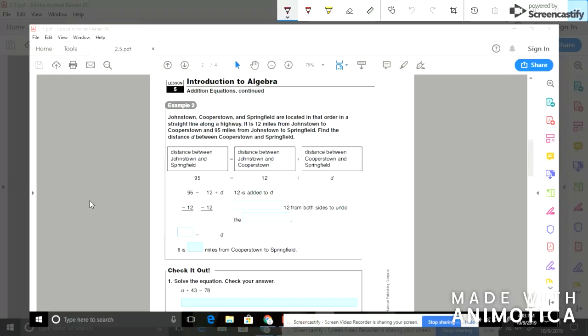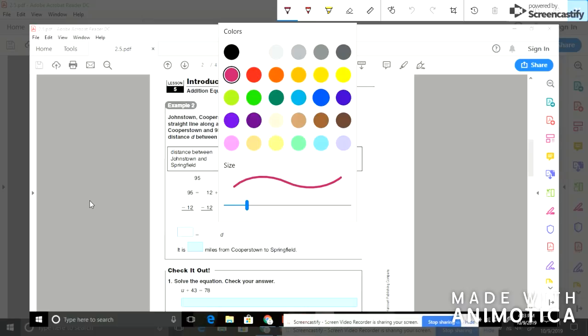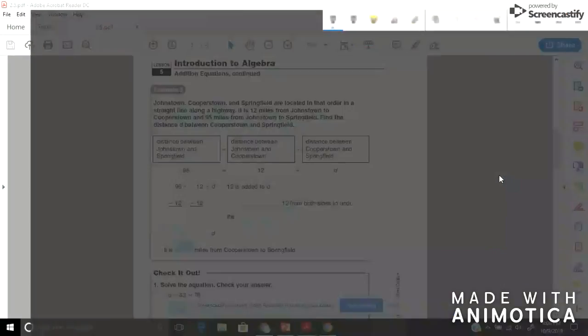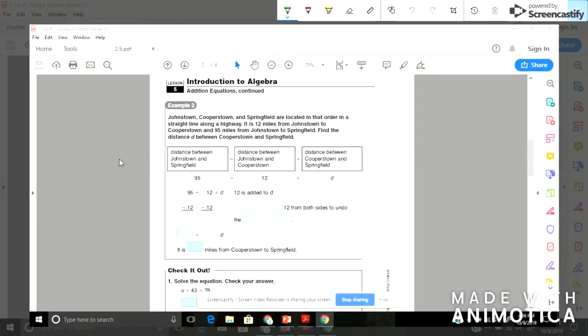So let's pick a new color here. Let's do this. All right. Coming back here, again, I want to just illustrate this. So I've got Johnstown, Cooperstown, and Springfield in that order. It's 12 miles from Johnstown to Cooperstown, so from here to here is 12 miles.